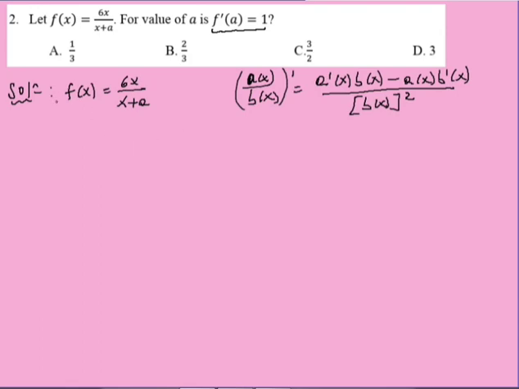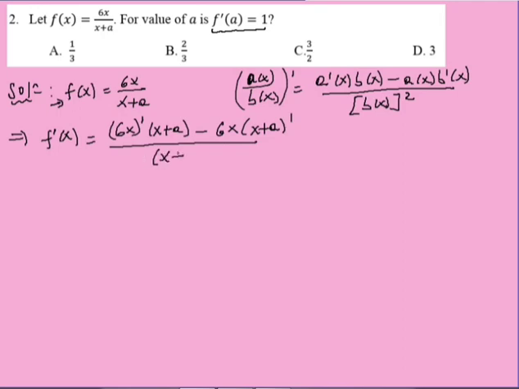So we will apply the quotient rule for this function. So the derivative of f is 6x derivative times x plus a minus 6x times x plus a derivative, over x plus a the whole square. So this is the quotient rule.